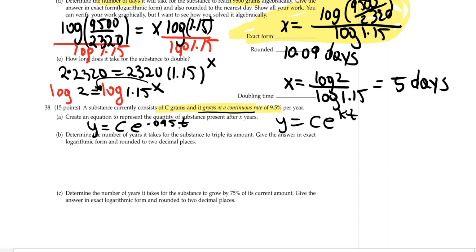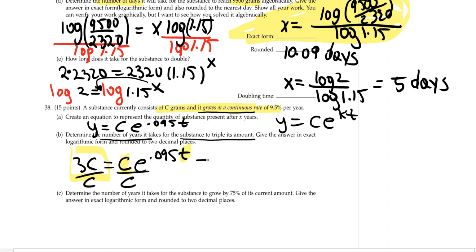Now determine the number of years, so we need to find t such that the substance triples its amount. I'm starting with C, so triple is 3 times C. Now I divide both sides by C, and I get 3 equals e to the 0.095t.